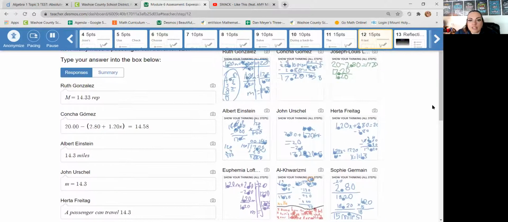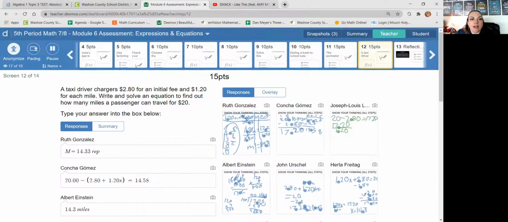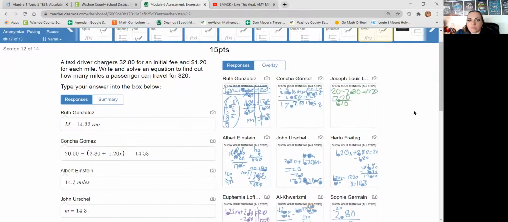Again, you needed to write and solve an equation using a variable, this is all what we've been practicing. So if you just started doing some math, you may have gotten the correct answer, but you still lost points for not writing and solving the equation the way we've been practicing.